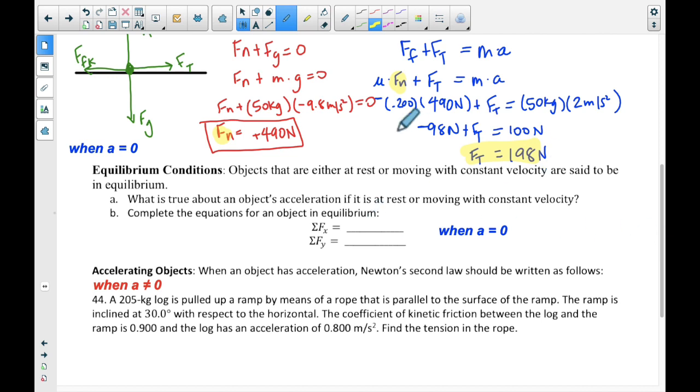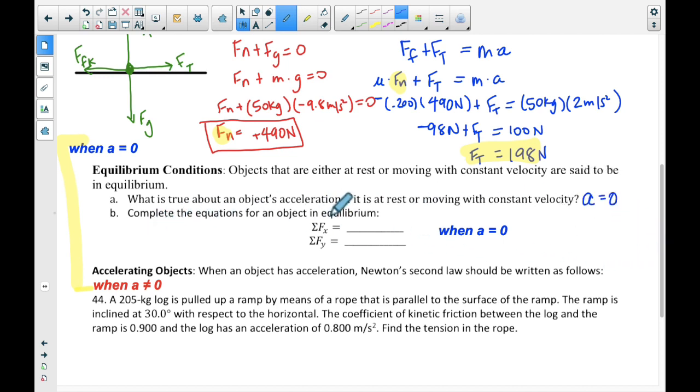So something that we just ran into up here is noted in this box here. And so what this is saying is when the acceleration is 0, so either it is constant velocity or it's not moving at all. So objects that are either at rest or moving with constant velocity are said to be in equilibrium. And so what's true about an object's acceleration if it's at equilibrium? Well, in that case, a equals 0.